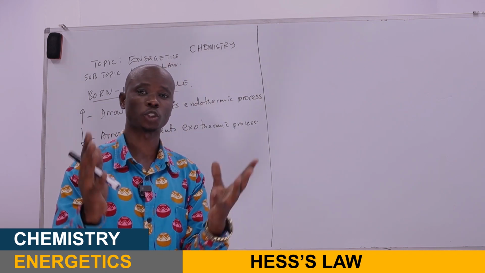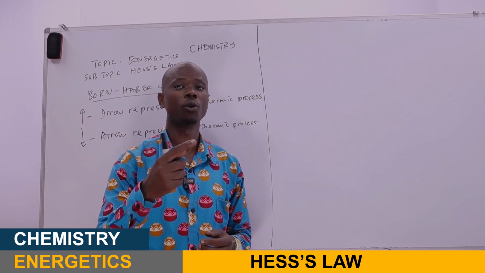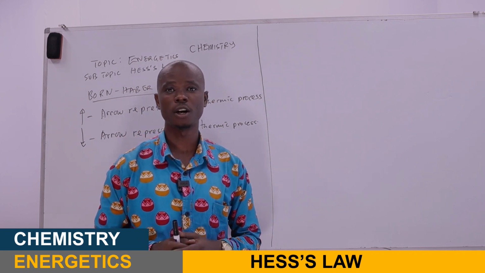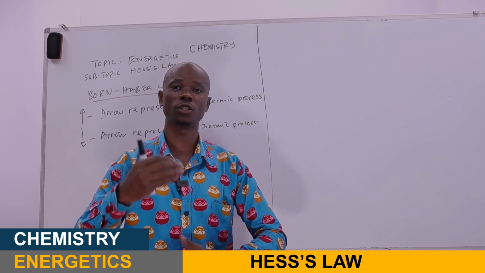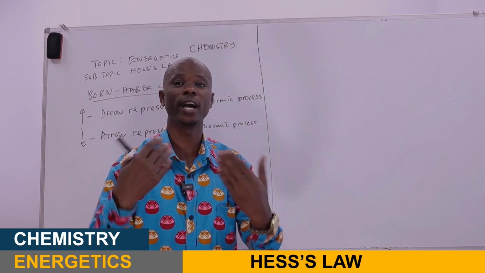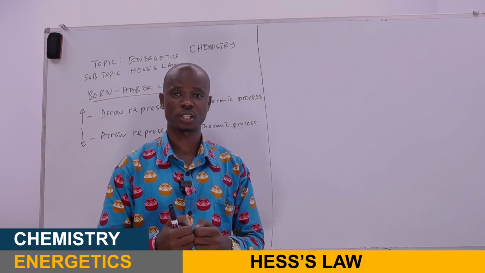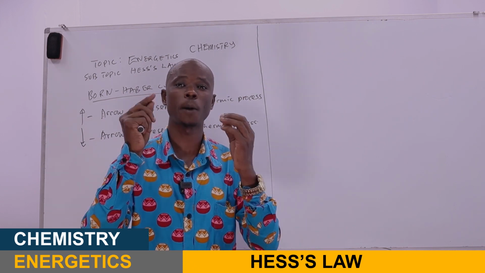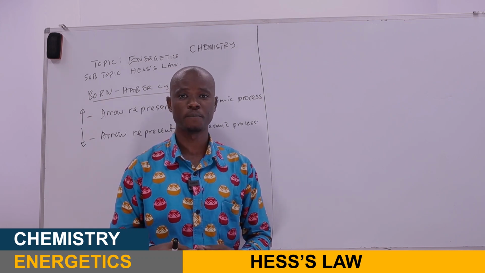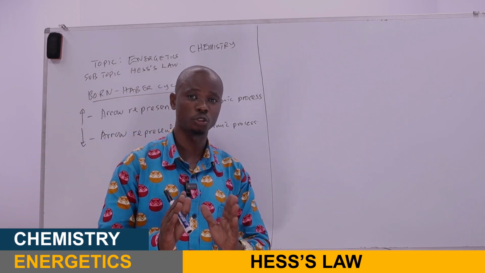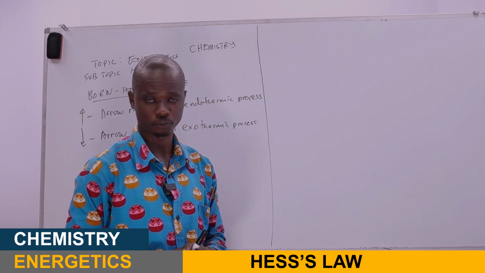My dear students, I'm sure that you know. Now, to remind you, an exothermic process is the process which involves the release of heat or energy to the surrounding. An endothermic process is the process which involves absorption of heat from the surrounding. So these two processes are very important when you want to draw the Born-Haber cycle.